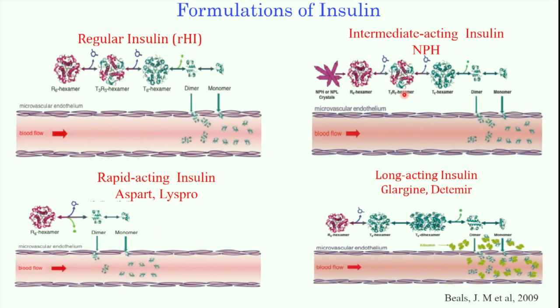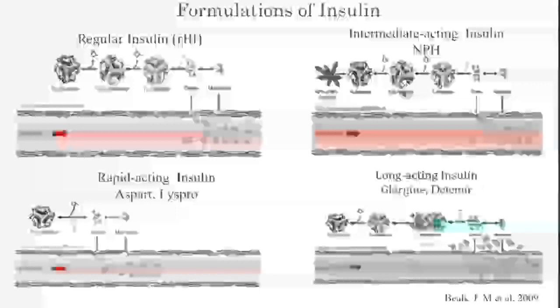So I will take an example of insulin and demonstrate how we can use NMR in characterizing even highly concentrated protein formulation. So if you look at insulin, it comes in variants: fast acting insulin, slow acting insulin, intermediate acting insulin, and that is because of the structural oscillation that you see in insulin.